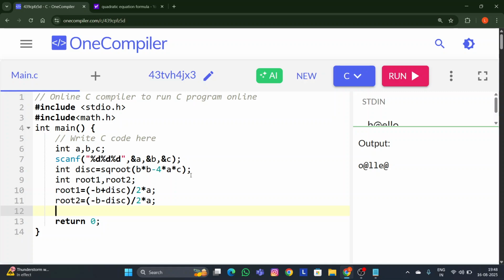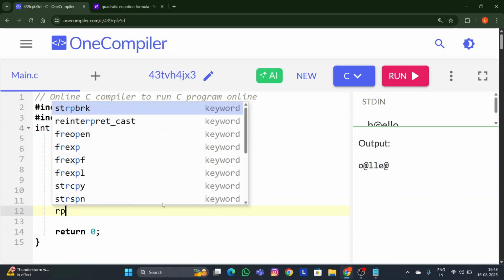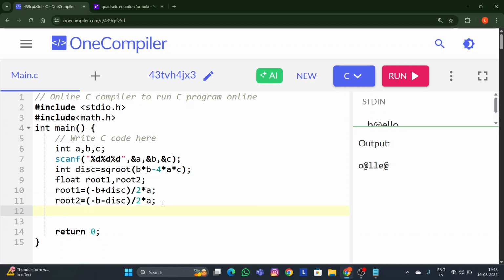After that I am printing the root values. I am taking them as float because the answer can be in decimals.